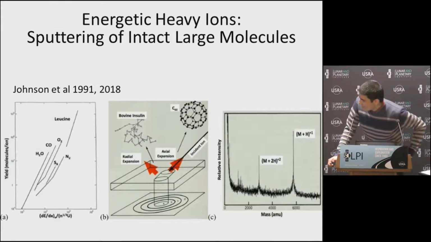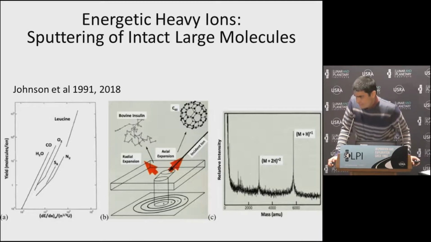But as Bob's just talked about here, in one extreme case, you have a heavy energetic ion, and those ions have very high sputtering yields, due to the formation of a thermal spike around the ion track. So you get these huge numbers of molecules ejected from the surface material, and those rates can far exceed the rate of radiolytic processing of the material. So you can, in principle, have a significant proportion of intact large molecules ejected from the surface in this regime.